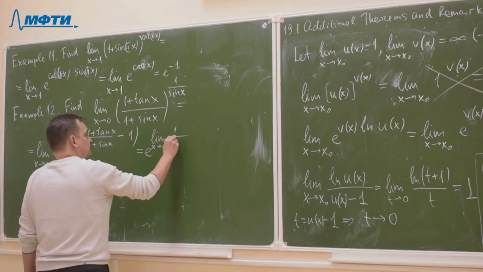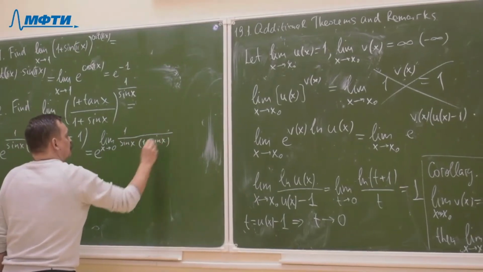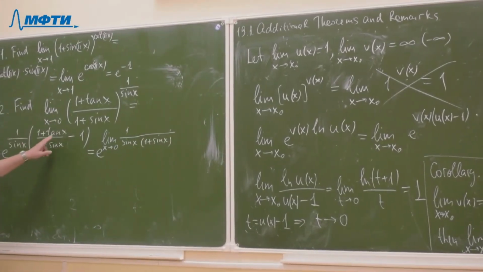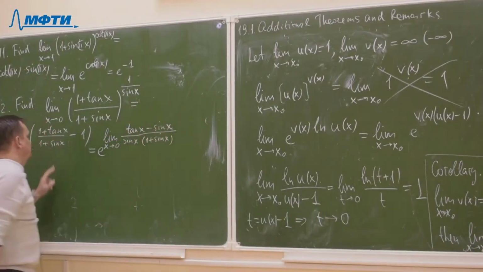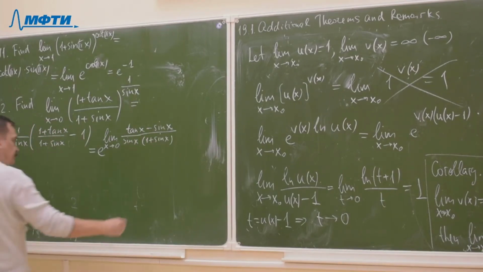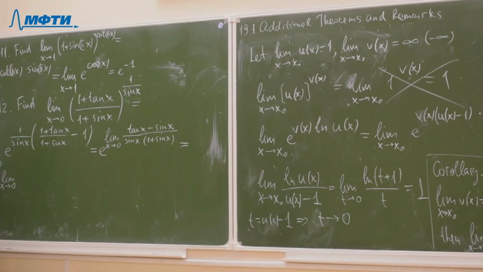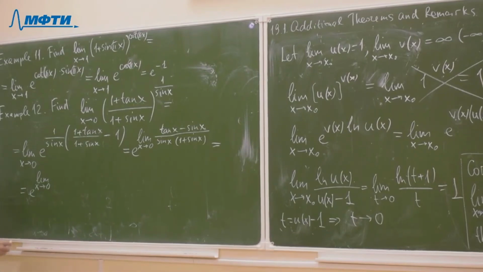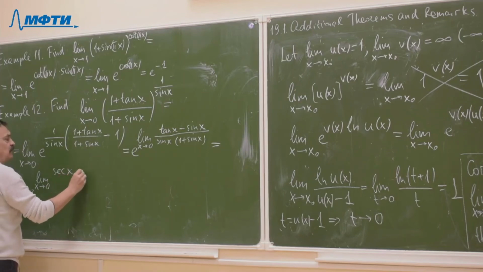That is sine x times 1 plus sine x in the denominator, and in the numerator we have tan x minus sine x. After taking common factors, I can rewrite it as e to the power limit as x tends to 0 of (secant x minus 1) over (1 plus sine x).